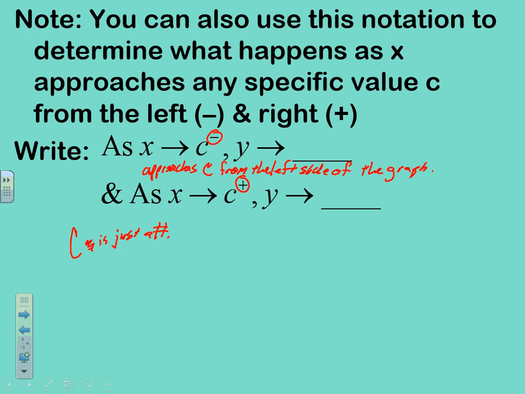Looking at the negative sign on the superscript portion of the c, the way that we would read that is we would say as x approaches c from the left side of the graph. And the plus sign would say as x approaches c from the right side of the graph.